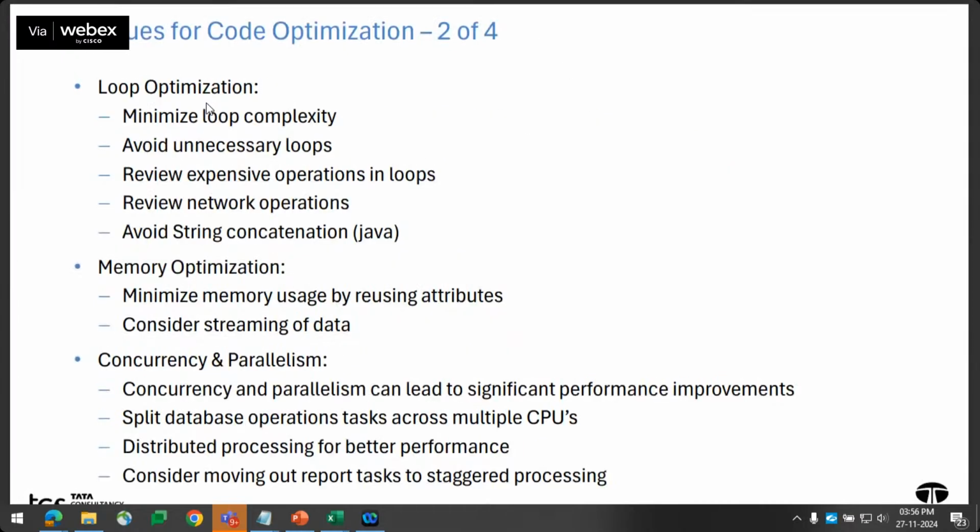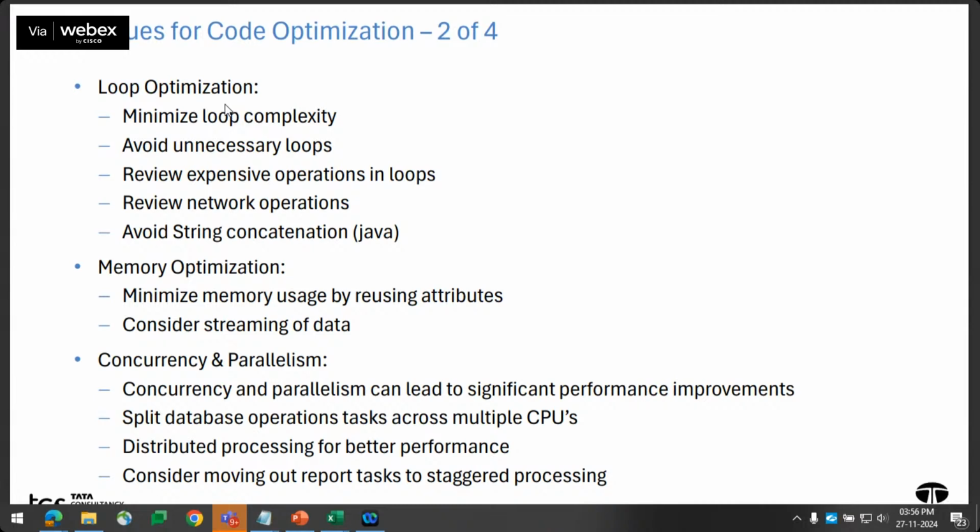And then the next one is the loop optimization. This becomes very important.